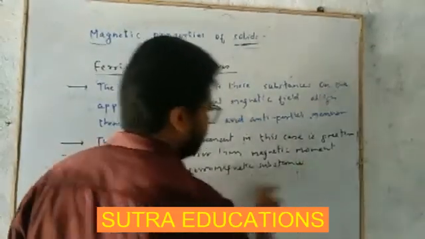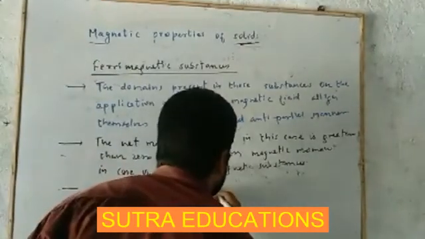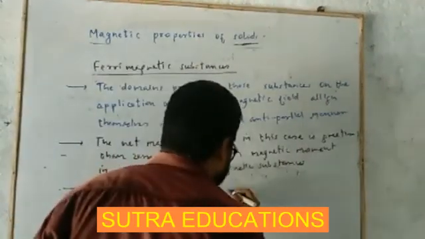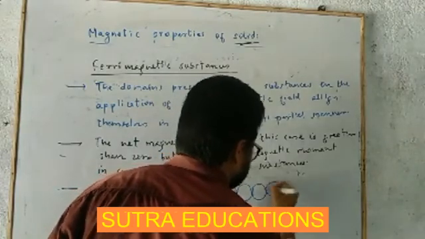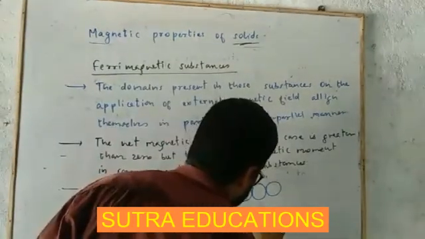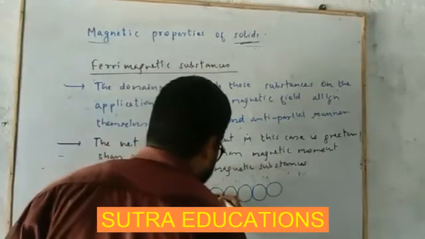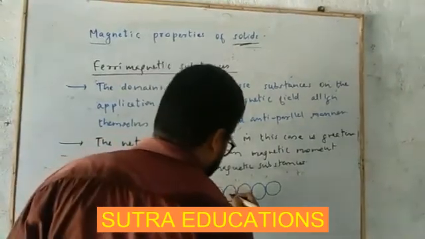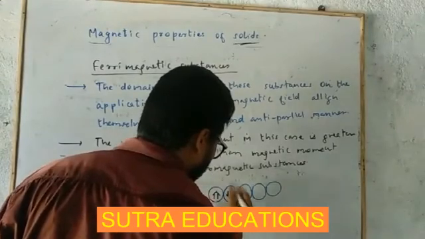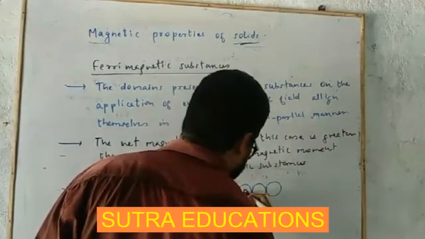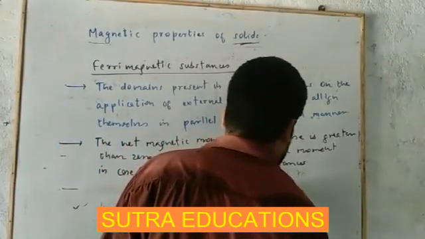Getting this? This time, what will happen? Domains will arrange or align themselves in parallel and anti-parallel manner. Say if it is in upward direction, then the opposite will be in downward direction.